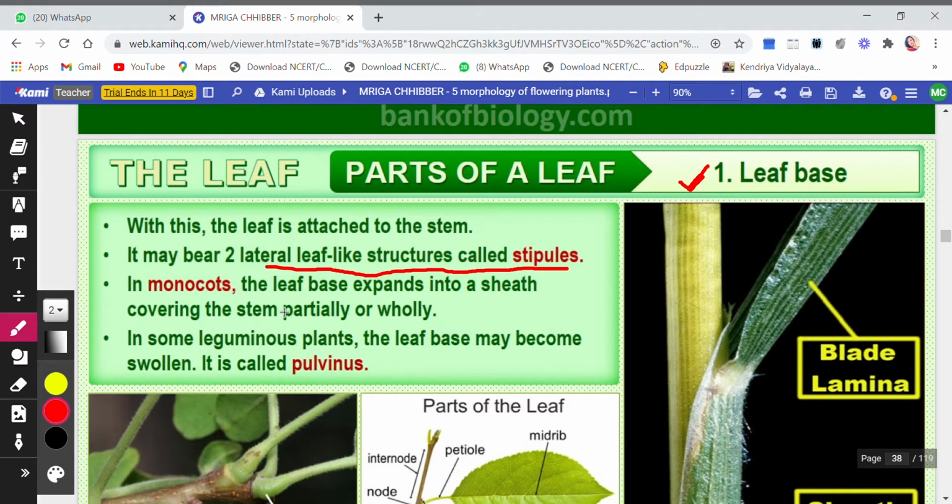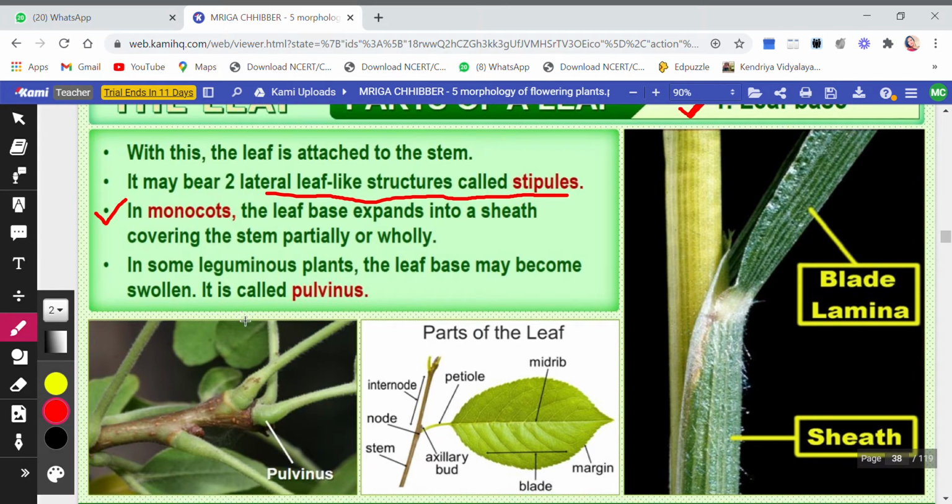In monocots, the leaf base expands into a sheath covering the stem partially or wholly. So in monocotyledonous plants, the leaf base covers the stem either partially or wholly. Okay, and in some leguminous plants, the leaf base may become swollen and is called pulvinus.